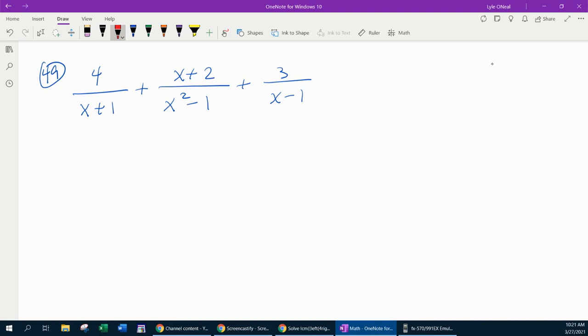So x plus 1 won't factor, but x squared minus 1 is the difference of squares. So we need to break that down, and that's going to give us x plus 1, x minus 1. And then x minus 1 won't factor. Now that every denominator is factored completely, now we can find the LCD.